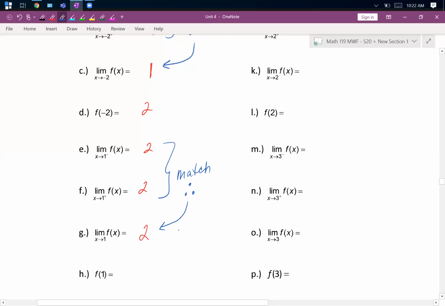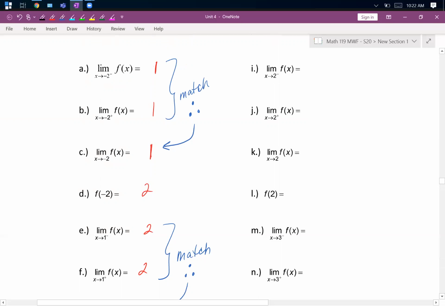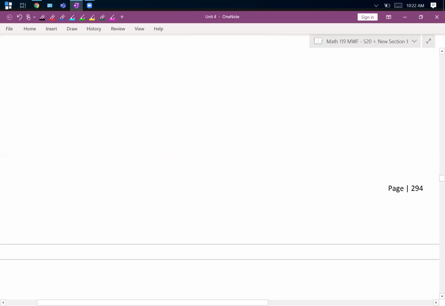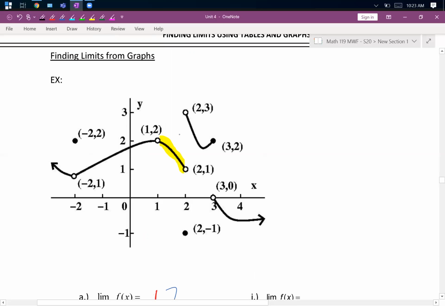And then in part H, we want to find the actual y value when x is equal to 1. So here's where x is equal to 1. What's the actual y value? Would that be undefined?